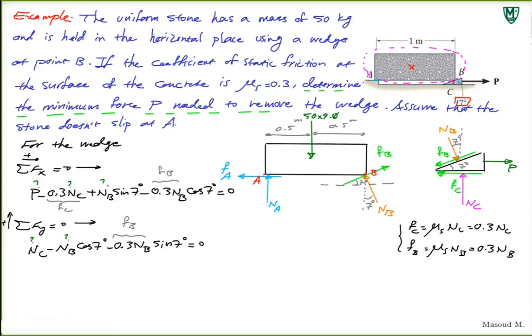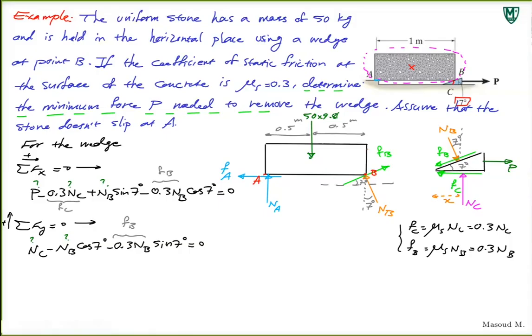Now, we can write the equation for the moment, but if you look at the wedge, we don't know where NC is applied. If I want to write the equation for a moment about any point, I have to make the assumption that NC is applied at some distance X, and then find the moment about some point.